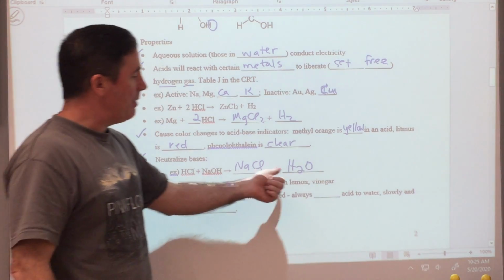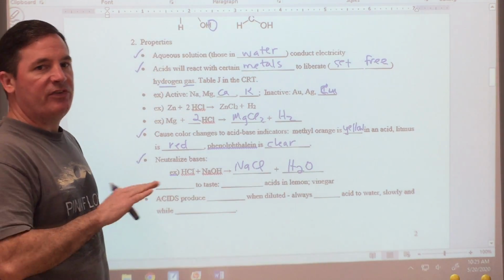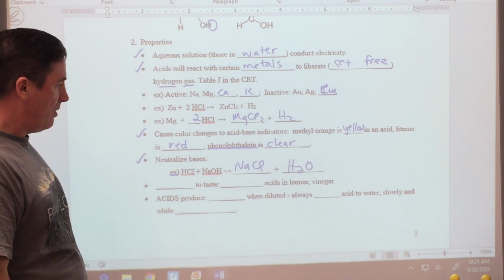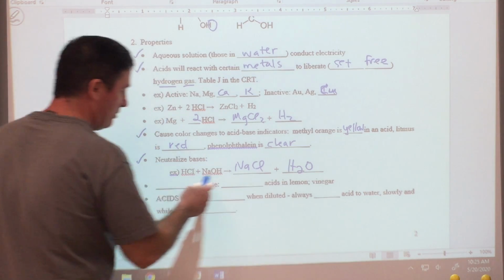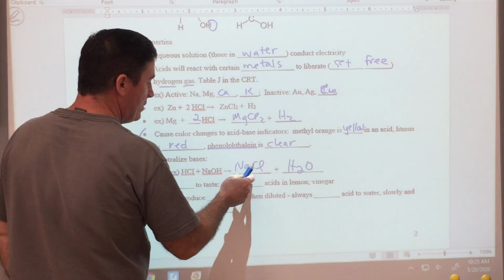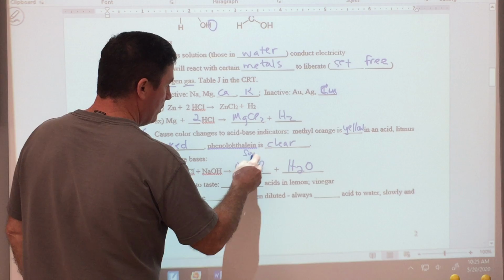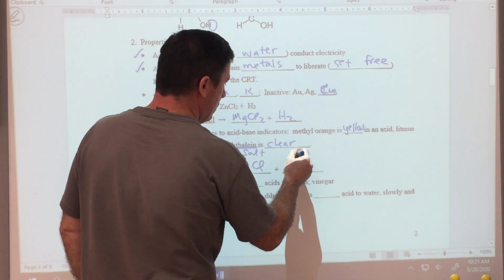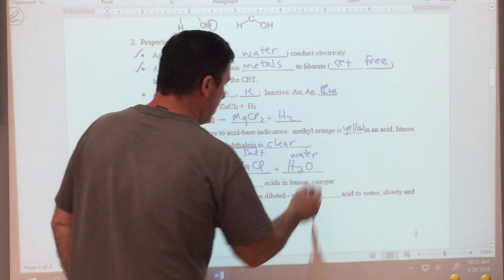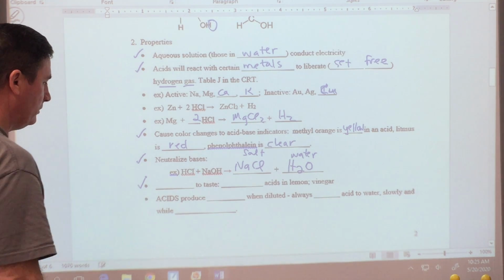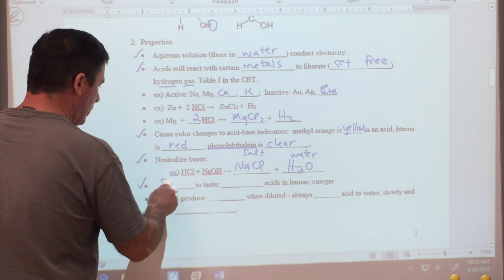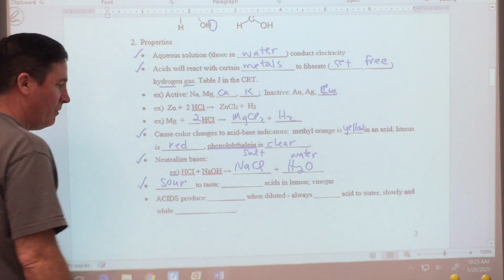You may or may not remember that water has a pH of 7, which is neutral. So this is called a neutralization reaction. When we have an acid and a base, it's going to make a salt and water each time.